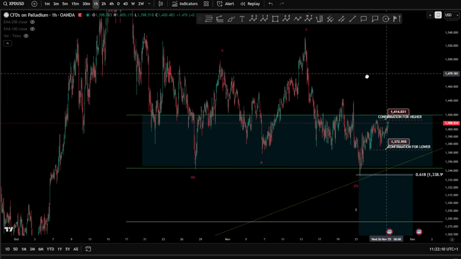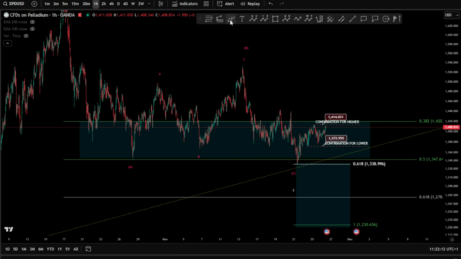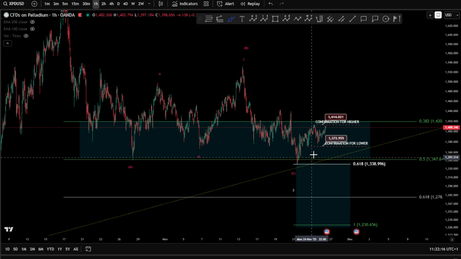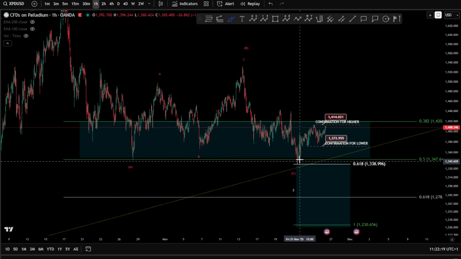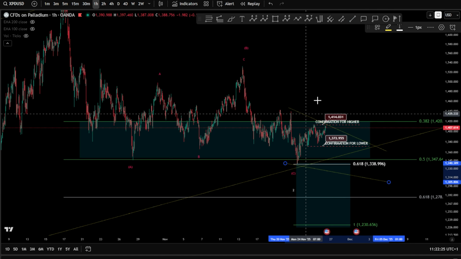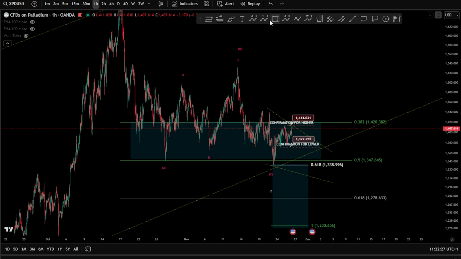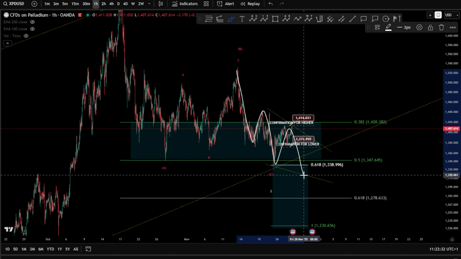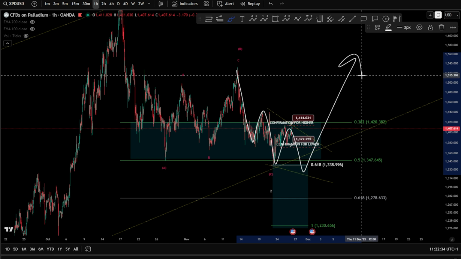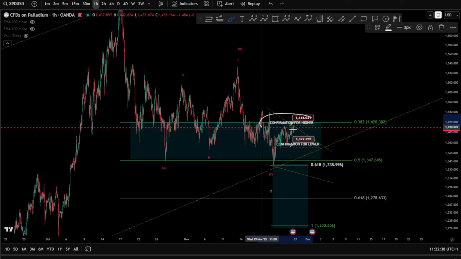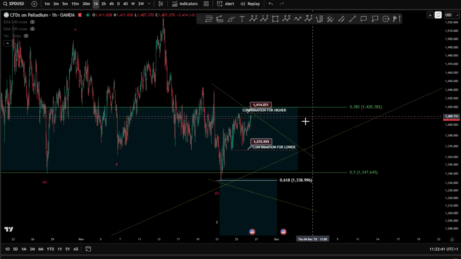After this potentially finished correction as an A, B, and C, or WXY hitting the 0.618, there is also a possibility that you might continue as a diagonal toward the downside to finish this wave C, meaning finishing a 1, 2, 3, 4, and 5 as a diagonal, and then pushing again toward the upside, or we push directly higher here by taking the confirmation for higher prices.